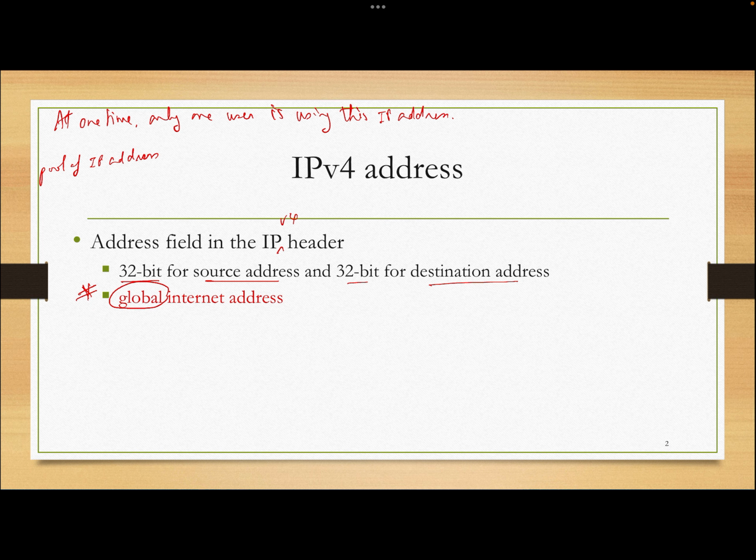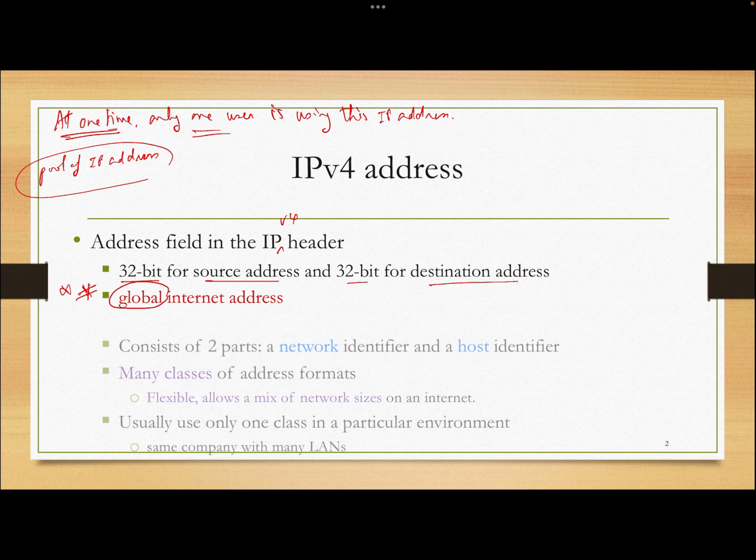So still at any given time, only one user is using it, but the pool of IP addresses lets them share the resource, using the same IP address at different times for different users. So this is important: the global IP address.